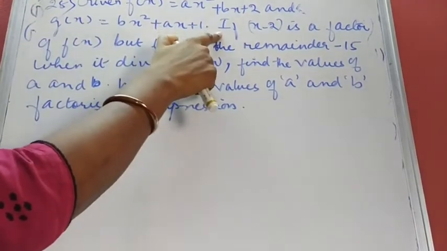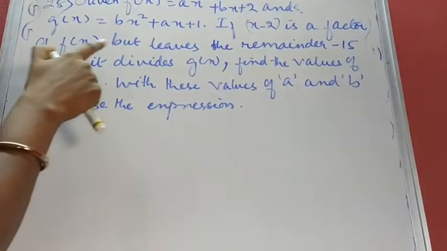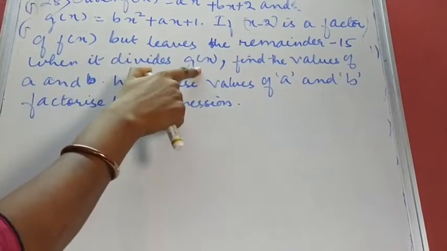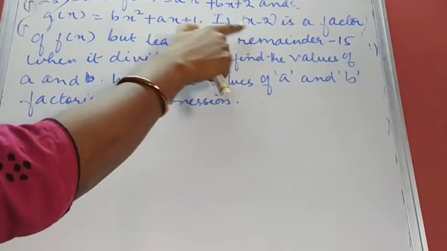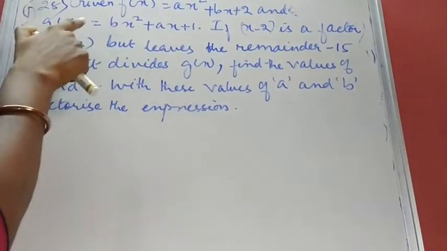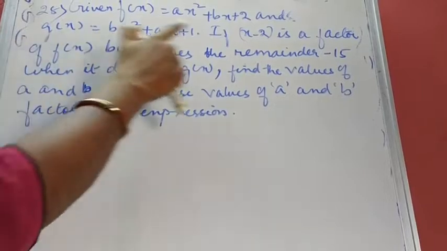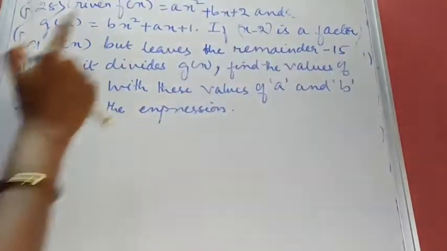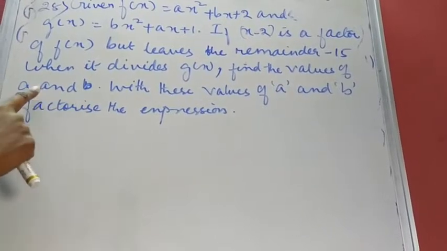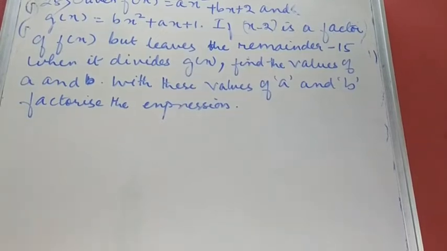It says that if x minus 2 is a factor of f of x, but leaves the remainder minus 15 when it divides g of x, then we have to find the value of a and b, and with these values of a and b, we have to factorize the expression.